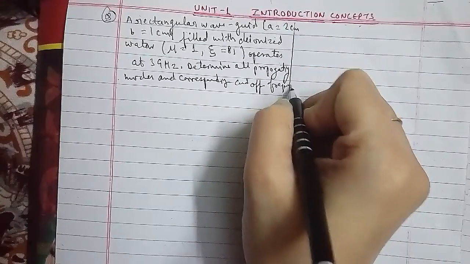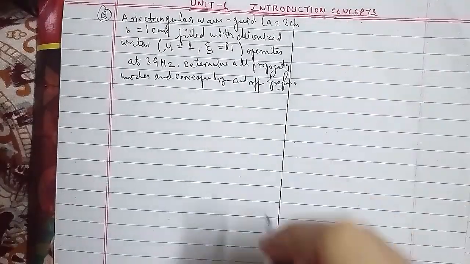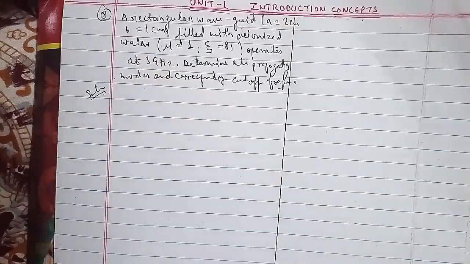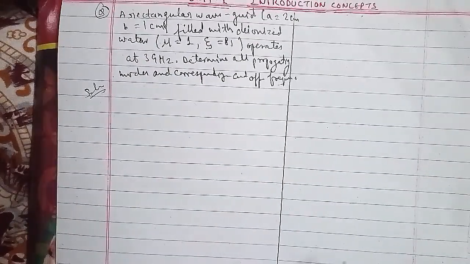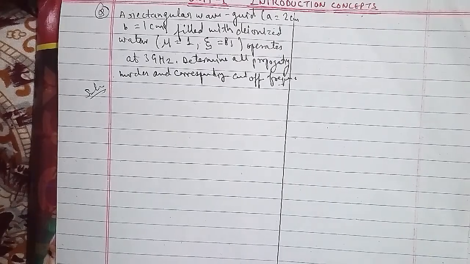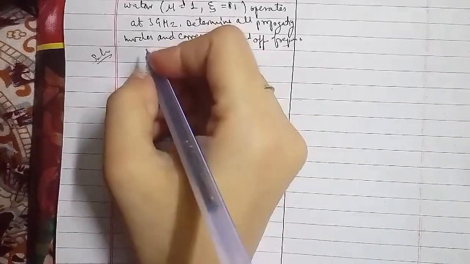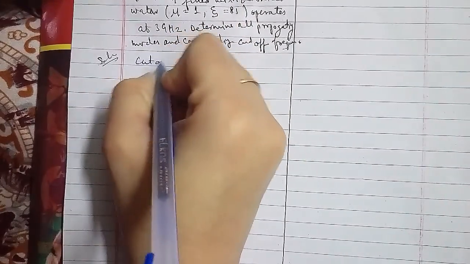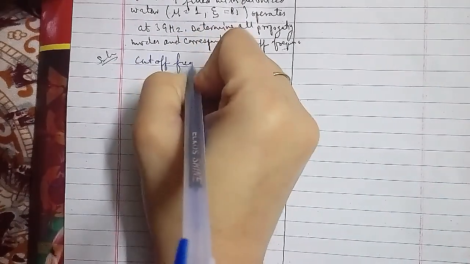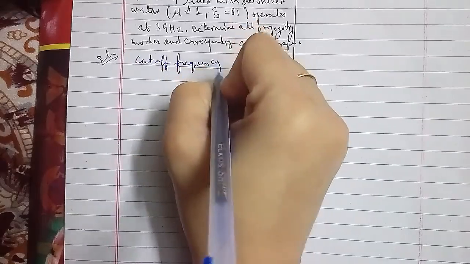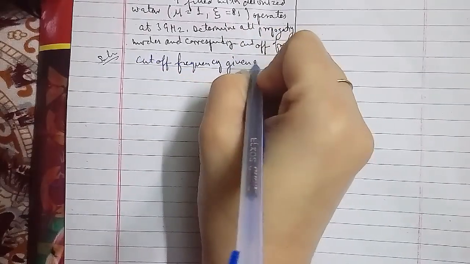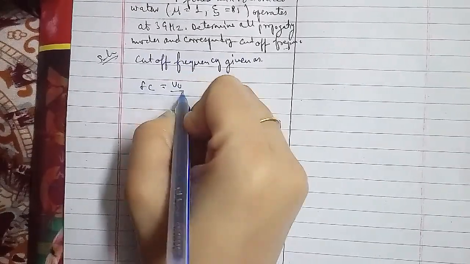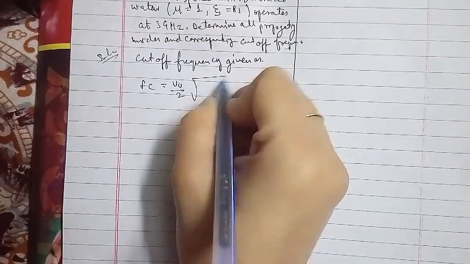Now we'll go ahead with the solution. The solution is: the cutoff frequency is given as FC equals V naught upon 2 under root n square, whole, m upon A whole square plus n upon B whole square.